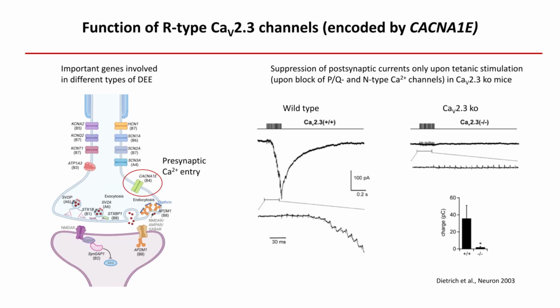Okay, 2 nerve endings which come together at the so-called synapses, and this is the pre-synapse, so this is a neuron that projects to the other neuron, and this is the post-synapse, so the neuron that is receiving the transmitter. And calcium channels play an important role, not only CAV2.3 but also others in the presynaptic calcium entry.